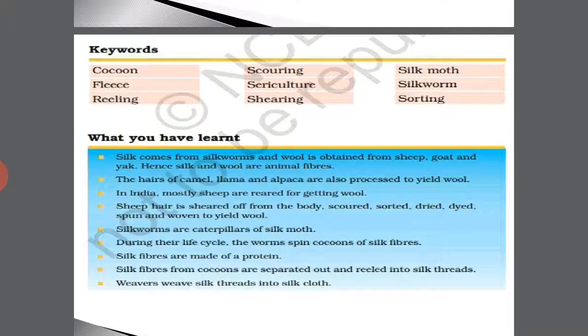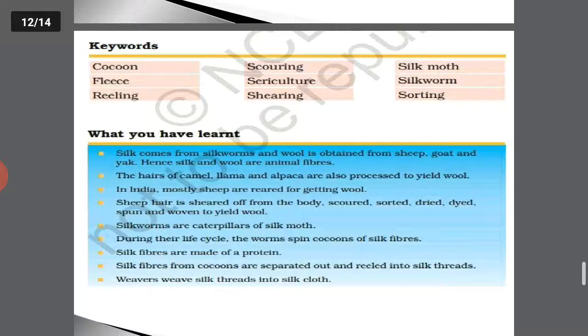These are the keywords used in this chapter. So learn and write them in your notebook. Silk comes from silkworms and wool is obtained from sheep, goat and yak. Hence silk and wool are animal fibers.